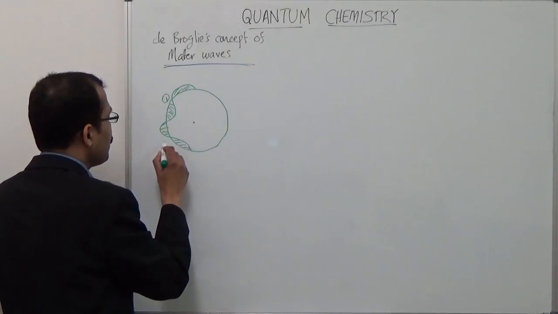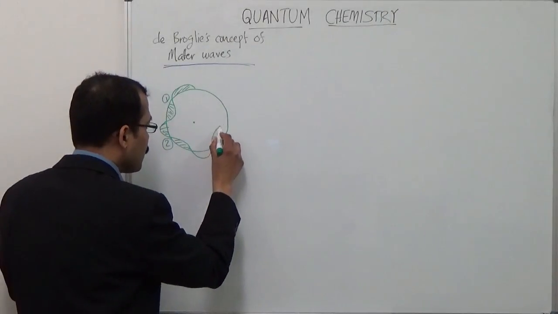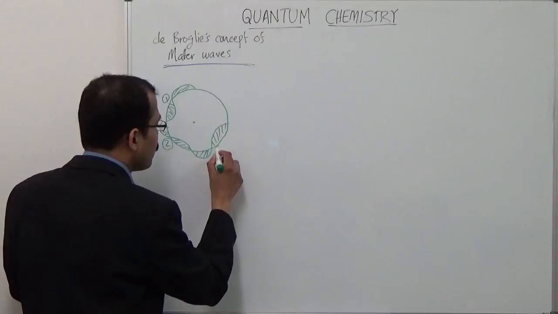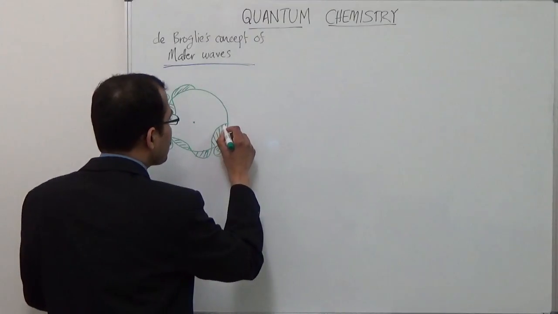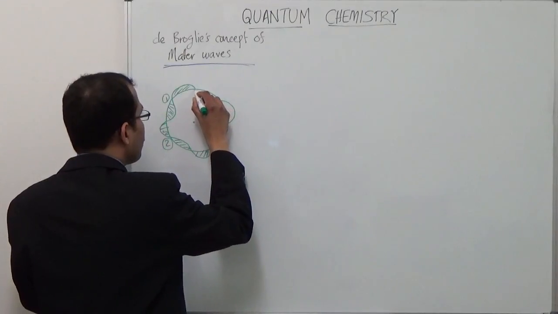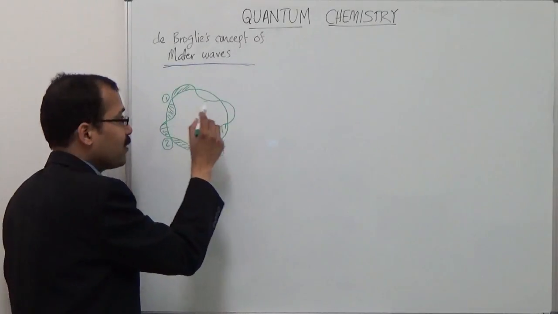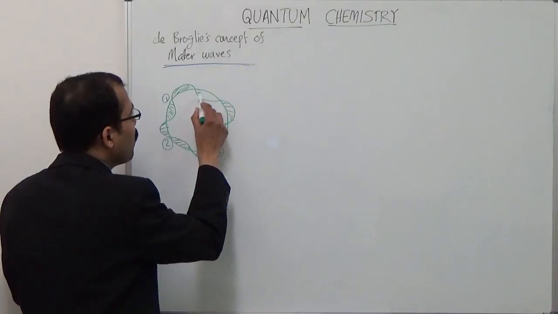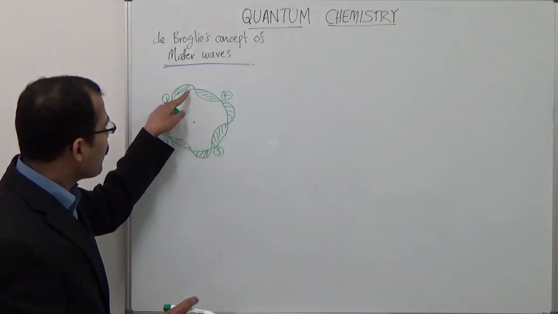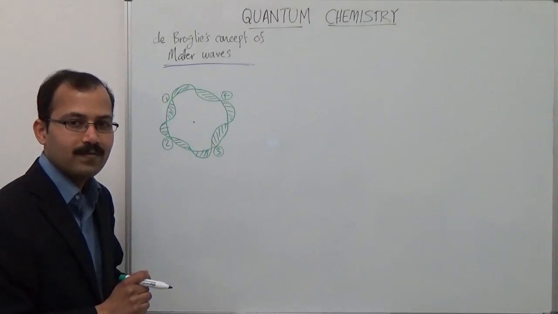This is the first wavelength, this is the second wavelength, and again comes crest and trough. This is the third wavelength, and again comes crest and then trough, and then it meets the original position, that is the fourth wavelength. In this way it constructively fits inside the Bohr orbit, so it's fine.